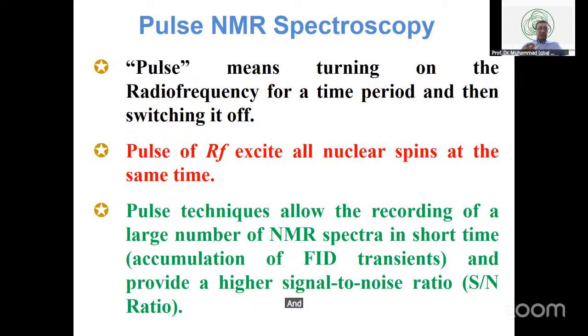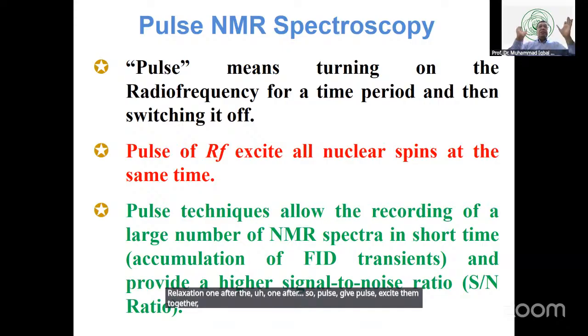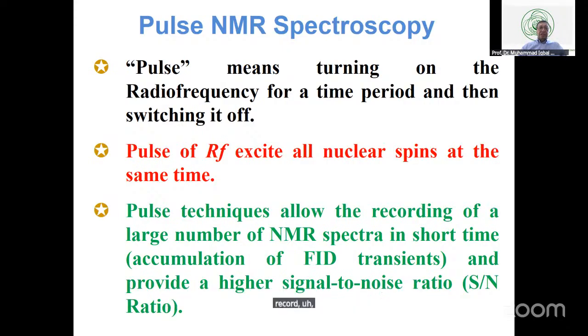And you keep doing it, like a pulse. Pulse continues till our last breath. So he said, keep doing it: give a pulse, excite them together, record their relaxation, one after the other. And by doing this, instead of spending hours, you can record many NMR spectra in a few minutes.